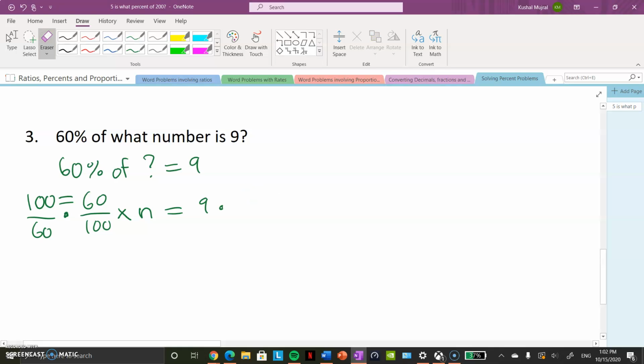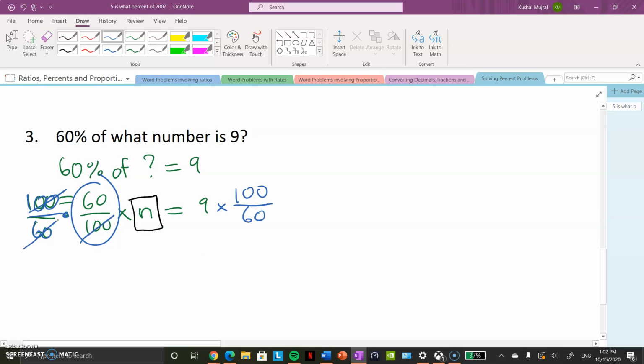So we're looking at 60 over 100 because we want to get n by itself, right? We want to get rid of this. So we're multiplying it by the reciprocal, 100 over 60. We multiply this side by the same reciprocal, 100 over 60.